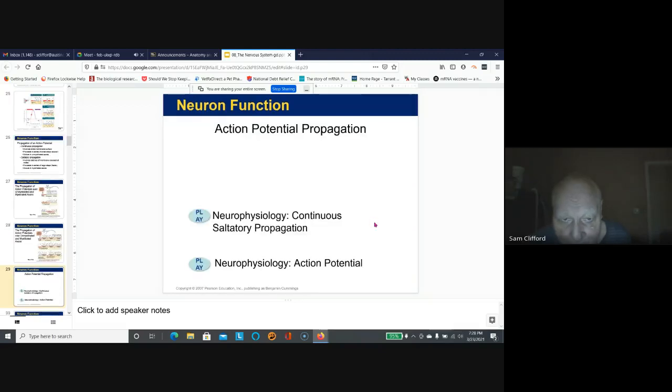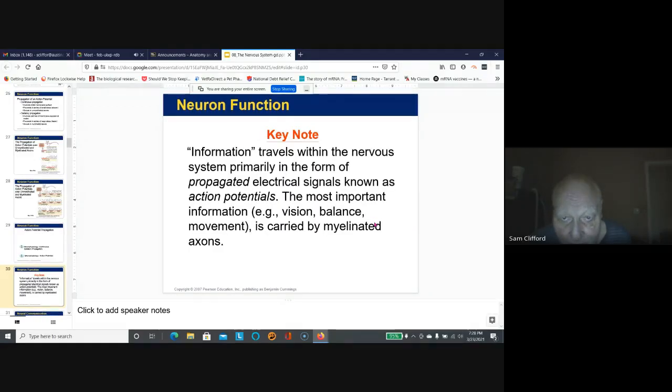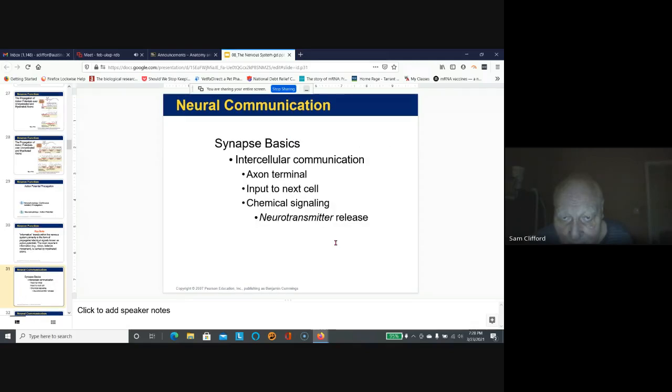The electrical signals are called action potentials. Myelinated axons are very important for vision, balance, and movement. You have to have a very quick response.